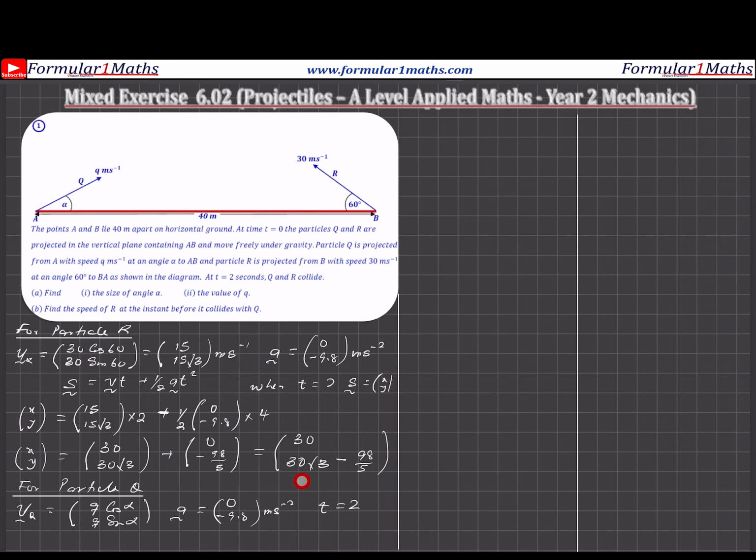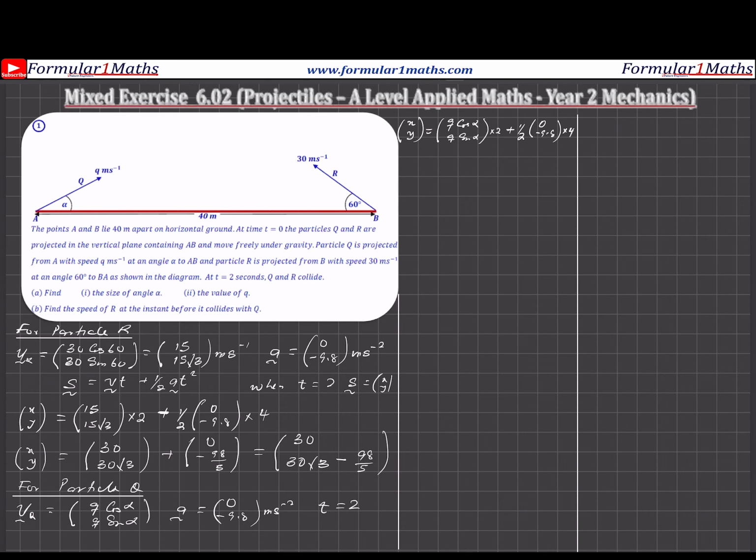So when t is 2, and using the same equation here, the position vector will be given by (x, y) equals (q cos alpha, q sine alpha) times 2 plus half, brackets (0, minus 9.8), all of that times 4.